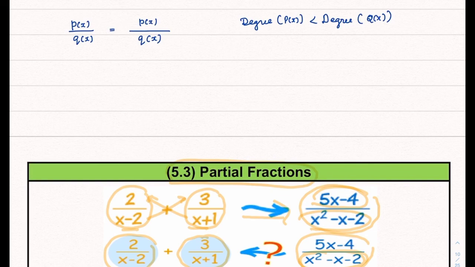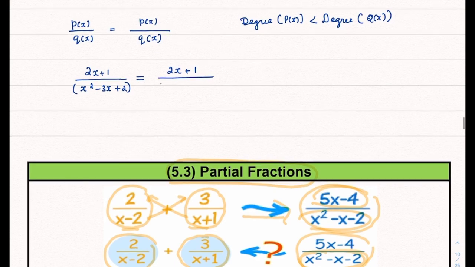So suppose the degree of the p of x is smaller than the degree of the q of x, for example, as simple as this: 2x plus 1 over x squared minus 3x plus 2. The first thing that you want to do is factor the denominator.